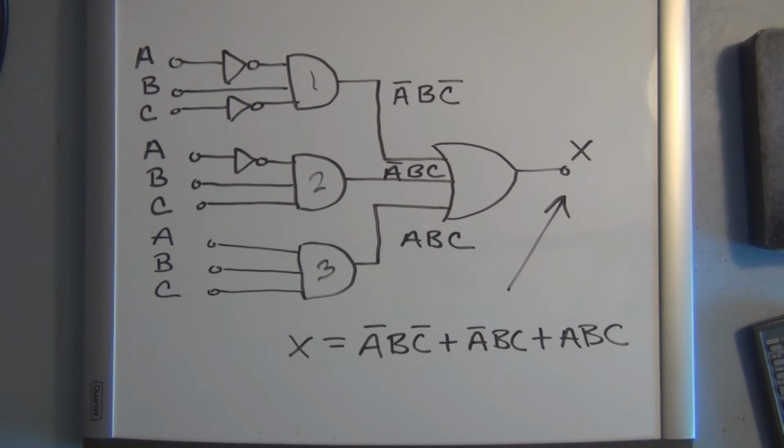And we'll show that process next by defining the output of a logic circuit with a word statement, and then we'll develop the truth table and the Boolean expression from that, simplify it, and then come up with the circuit.